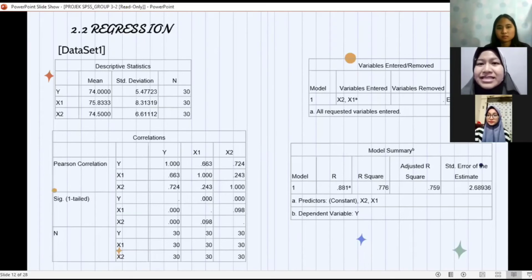So Y is 74 and X1 is 75.833 and X2 is 74.5.